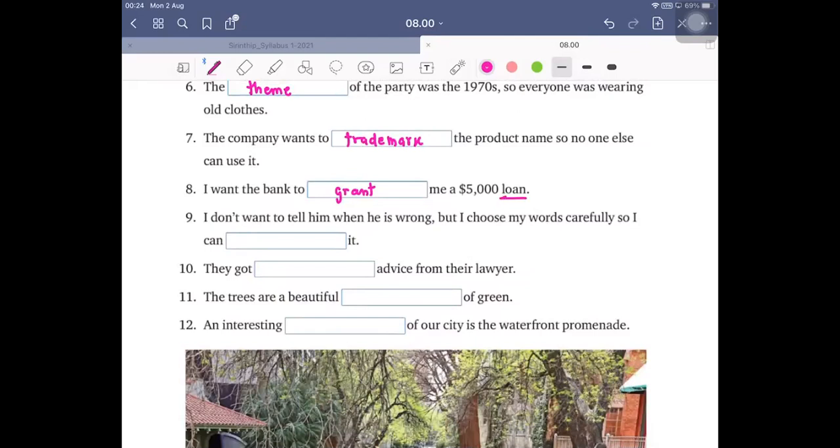Okay. Number 9, I don't want to tell him when he's wrong, but I chose my words carefully so I can imply it. Yeah, so this is a good case. Nobody likes to hear that they're wrong about something, right? So you kind of go around it. Like you wouldn't say, oh, you know what, you're wrong, you're very stupid. You wouldn't say that to people, right? Or to your friends, because it's just mean.